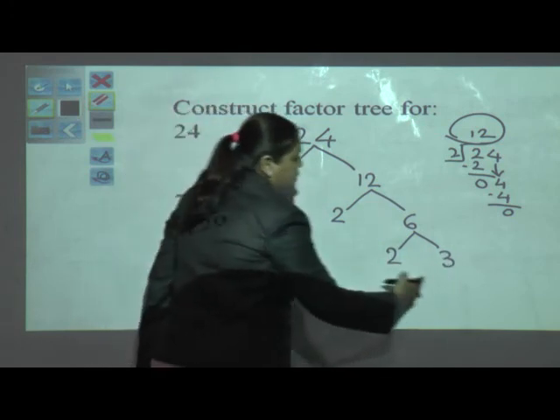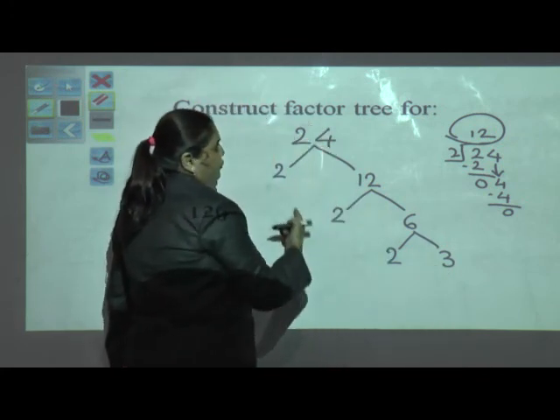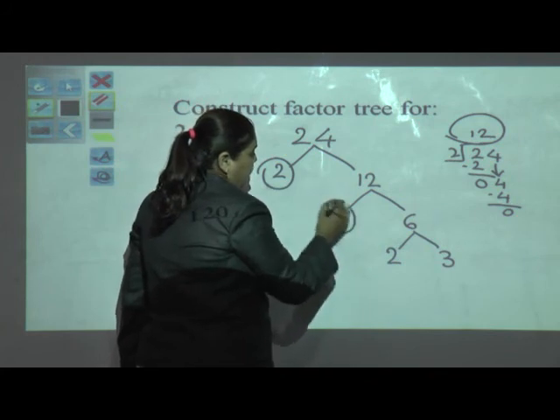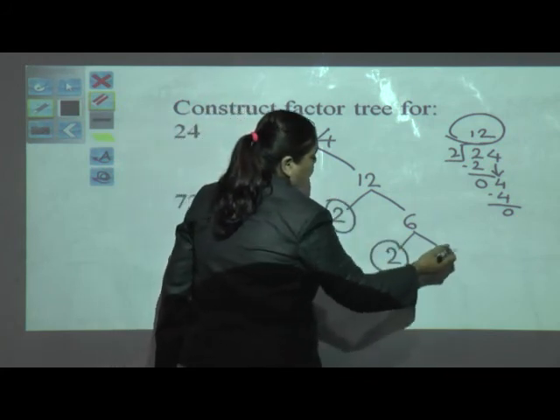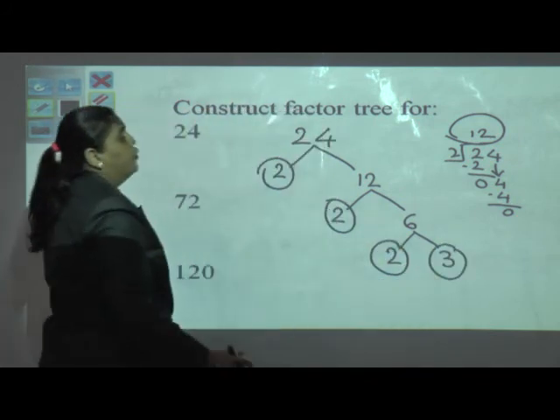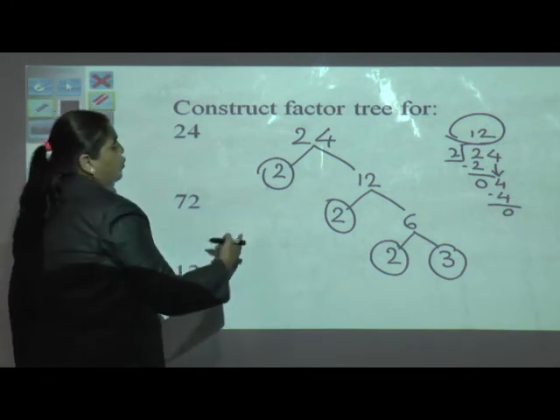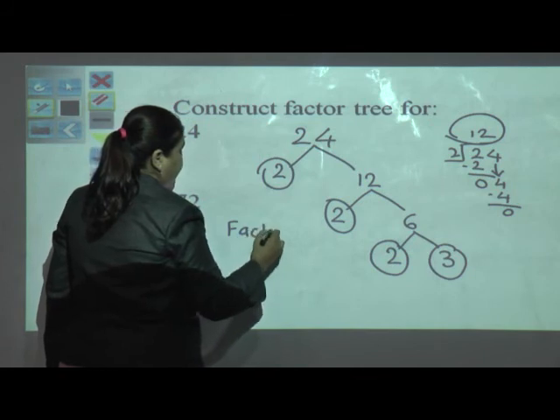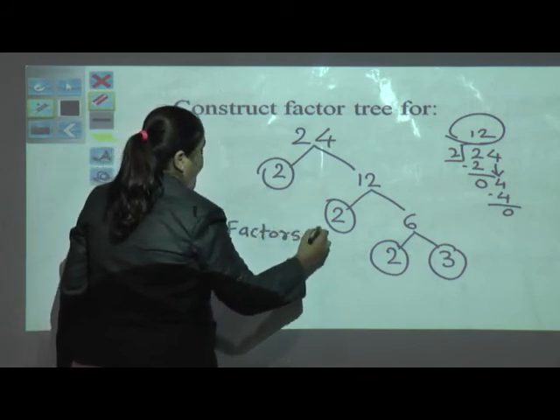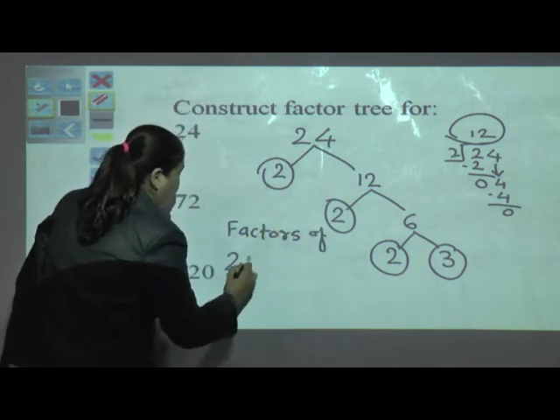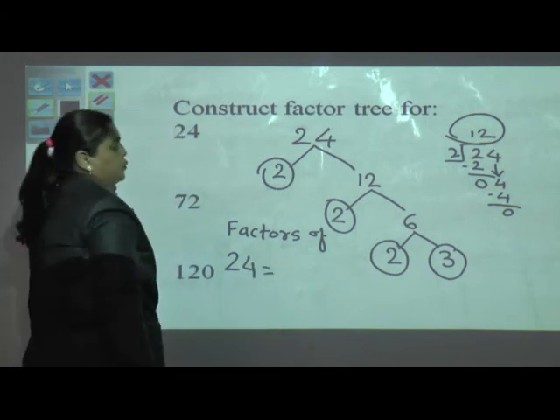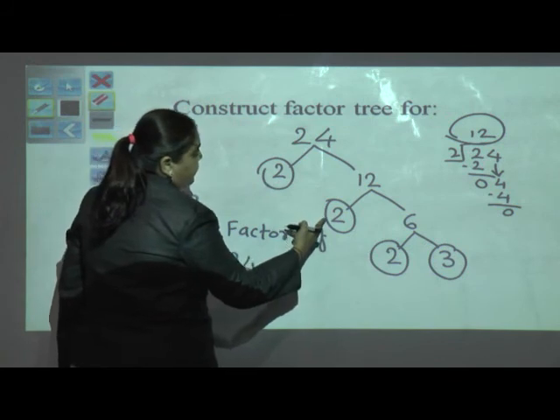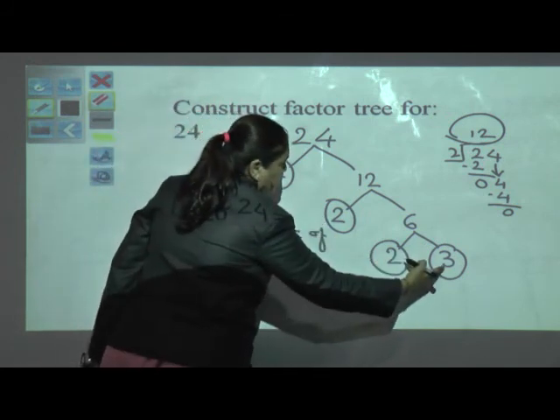What are the factors of this 24? We will find out. What we are getting is this 2, this 2, 2 and 3. These are the factors of 24. So we can write that the factors of 24 is equal to 2 multiplied by 2 multiplied by 2 multiplied by 3.